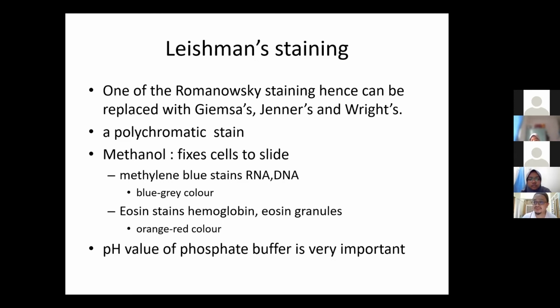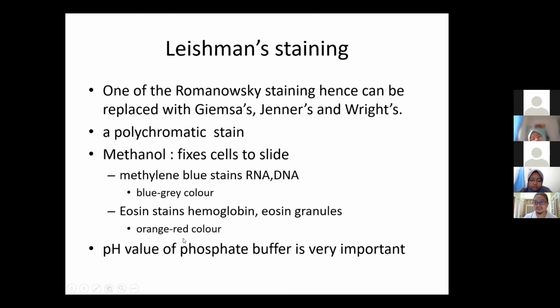Now, the Leishman staining, this is a polychromatic stain. What it means is that it stains different types of organelles, different types of cells, with different colors. Okay, and it has methylene blue in it, which stains RNA and DNA in blue-gray color. It also has eosin, which stains hemoglobin and eosinophil granules and produces an orange-red color.